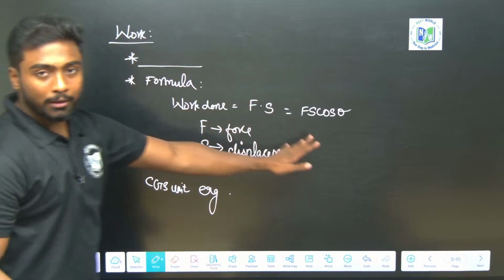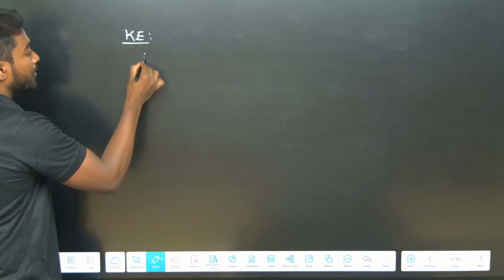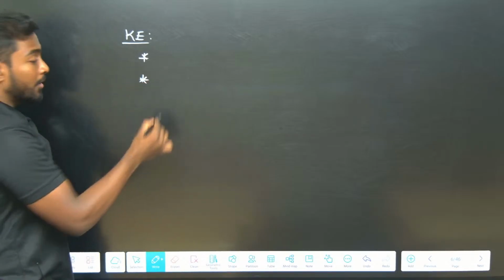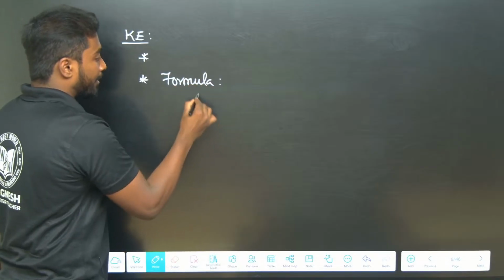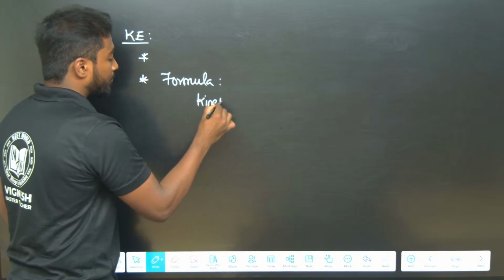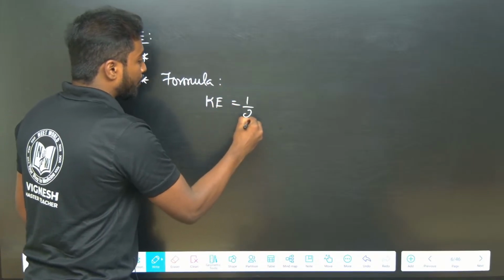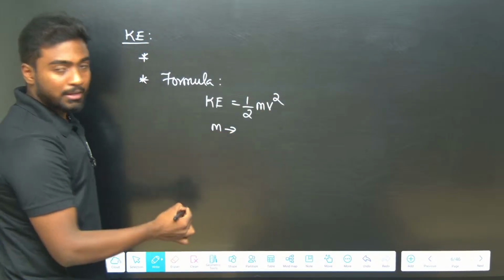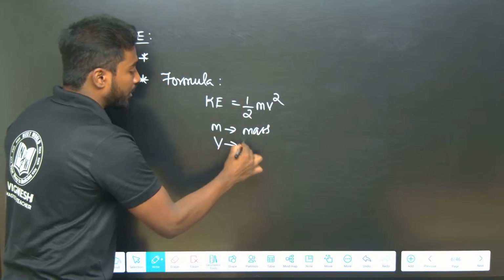This is about work. Next, what is kinetic energy? Kinetic energy is also the same thing. The first thing is the definition, which we have seen in the previous slide, and the second thing is the formula. Kinetic energy is equal to half mv square, where m is the mass of the given object and v is the velocity.